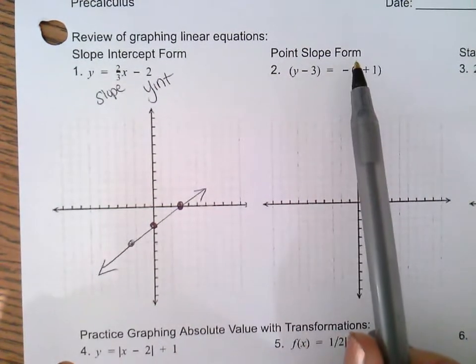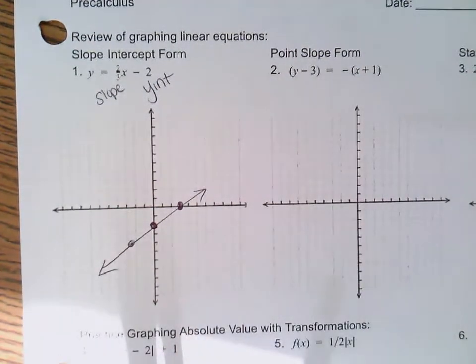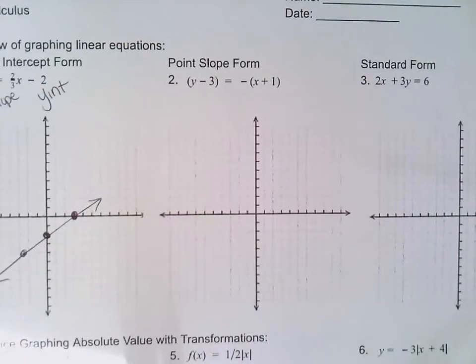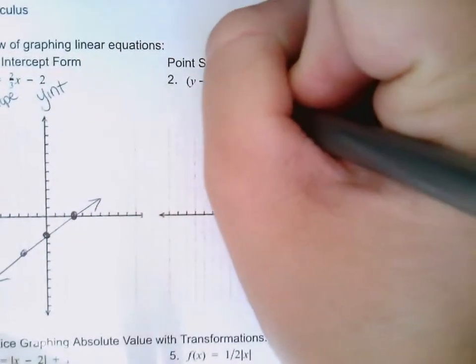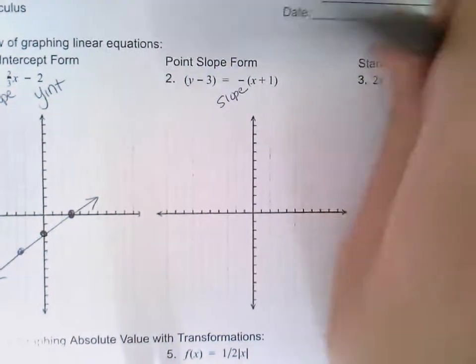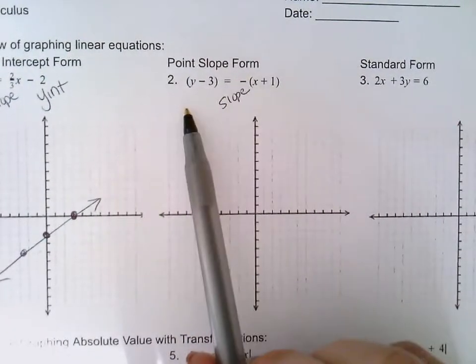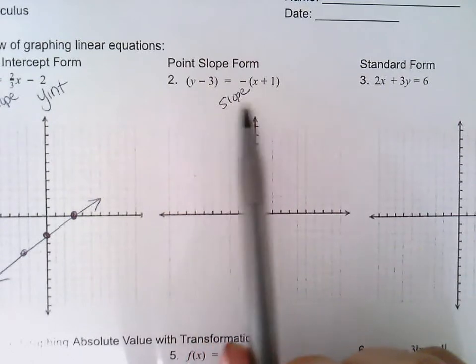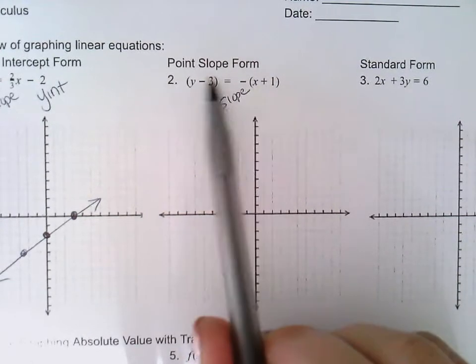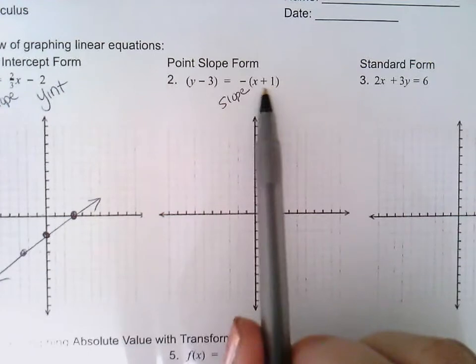Point-slope form is going to tell you a point that is on the line and the slope of the line. So this number in front of the parentheses is the slope. So the slope in this case is -1. And the point in question is the opposite of what is inside the parentheses.